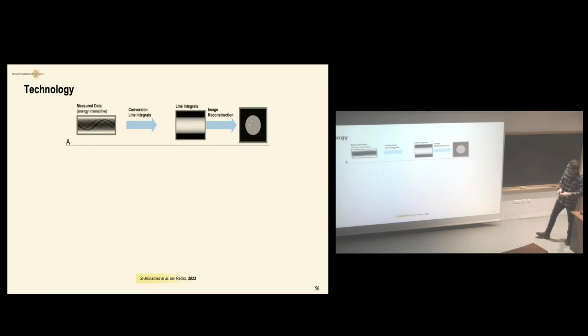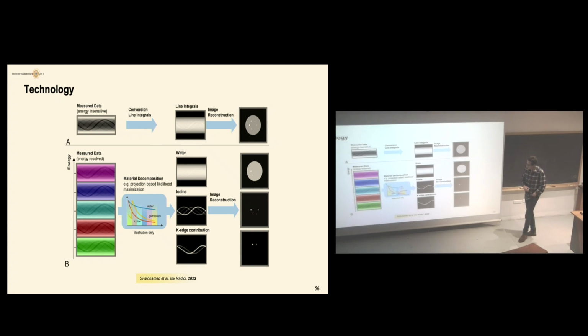So how to do this? This is one way to look at this. So it's conventional CT, where you have a reconstruction of the global attenuation. In comparison, contrary to this conventional imaging, when it comes to measuring K-edge imaging, you will have in the projection domain 3 types of sinograms. So these are the sinograms of the material decomposition basis we talked about earlier, water and iodine.